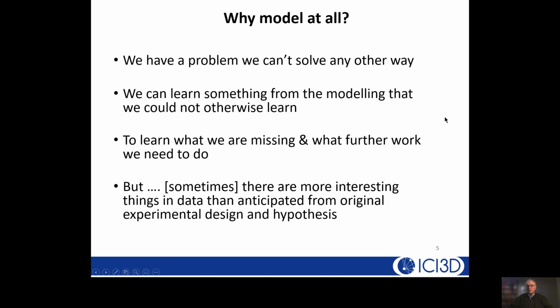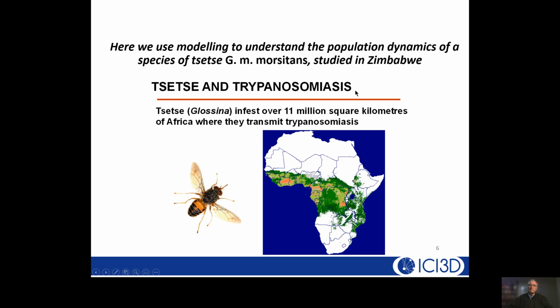If we have gone through this study and we actually do the modeling, we can see what further work we need to be doing. And also, sometimes there are more interesting things in the data than we expected. We developed a particular project in a particular way to answer particular questions. But when we actually did the work, suddenly all sorts of data came out of it, which were really interesting and opened the doors for doing other work.